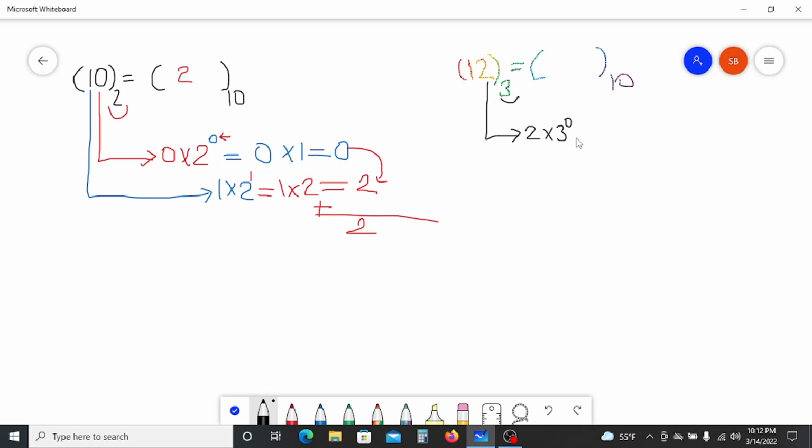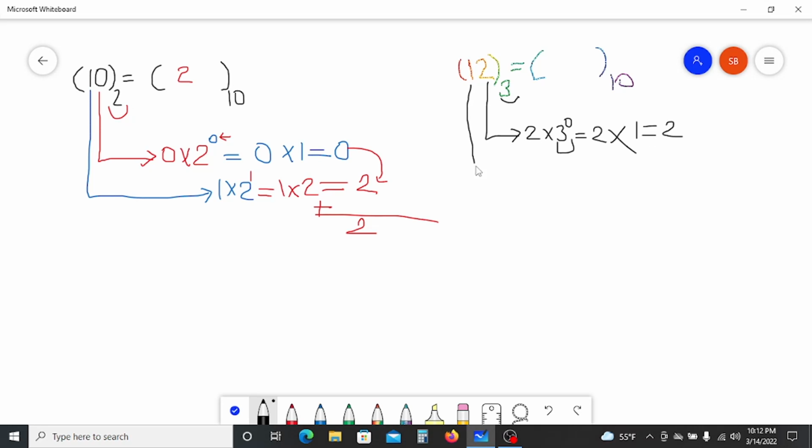We start all the time with 0. 2 times 3 to the power 0. Any number to the power 0 is 1. That means 2 times 1 is 2.